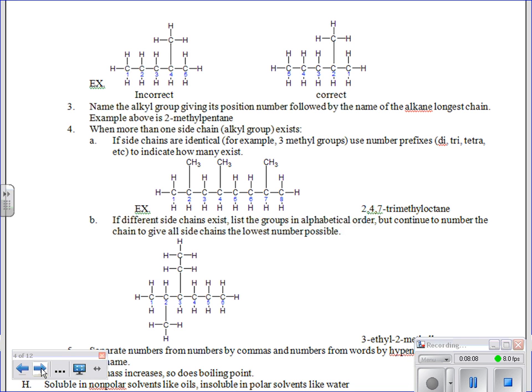So in this first example, again, this looks like it's C6H14 in both of these cases. So the first thing I need to do, I count my carbons. Can I make a long chain of carbons? And the answer is yes, we can.